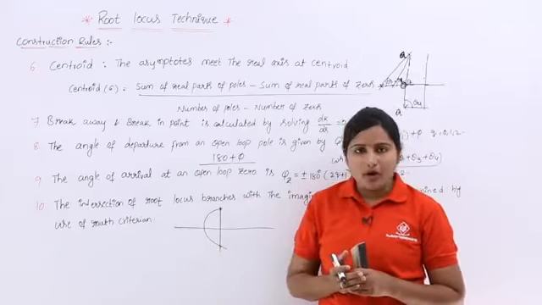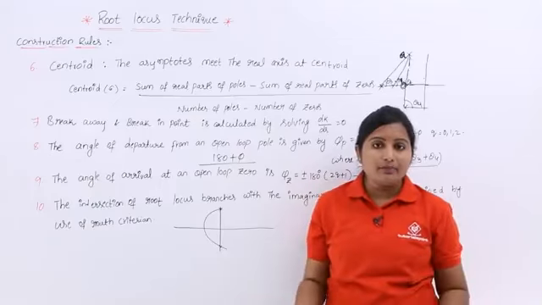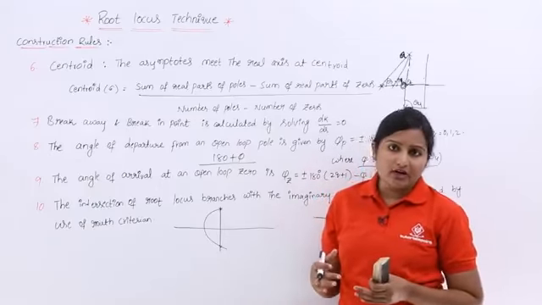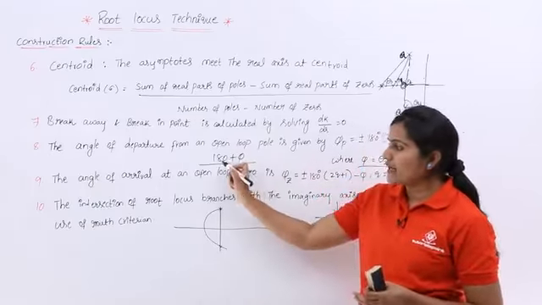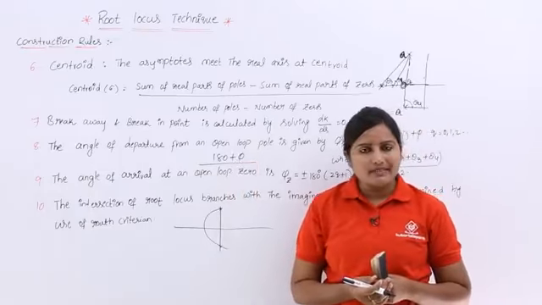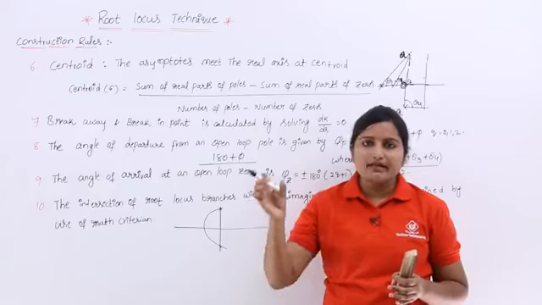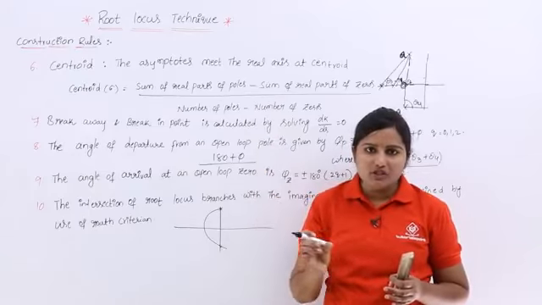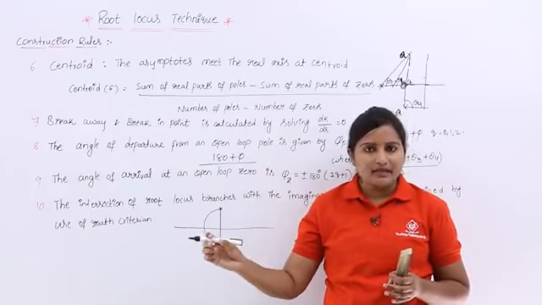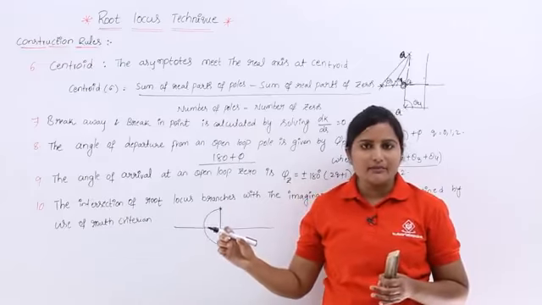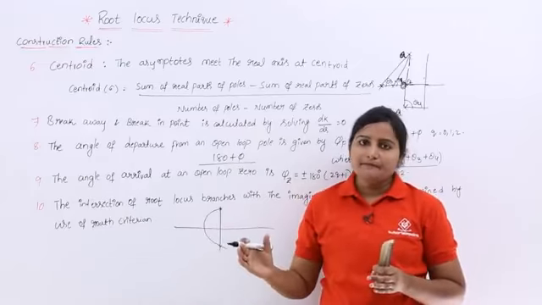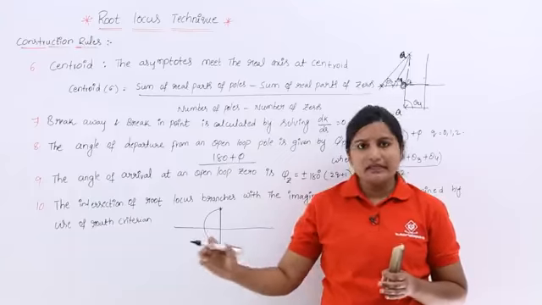When an imaginary pole is there, we will get an angle of departure. The equation for the angle of departure is 180 plus phi, where phi is the angle made by that imaginary pole with the zeros on the real axis minus the angle made by that imaginary pole with the poles on the real axis.